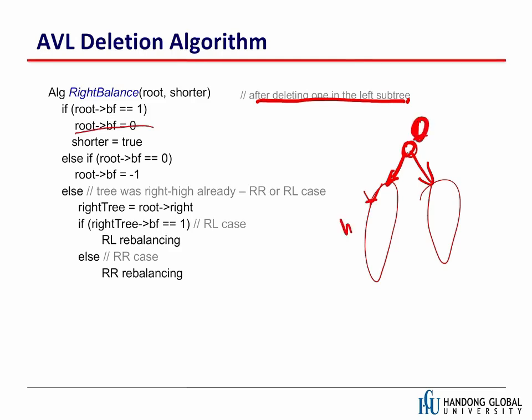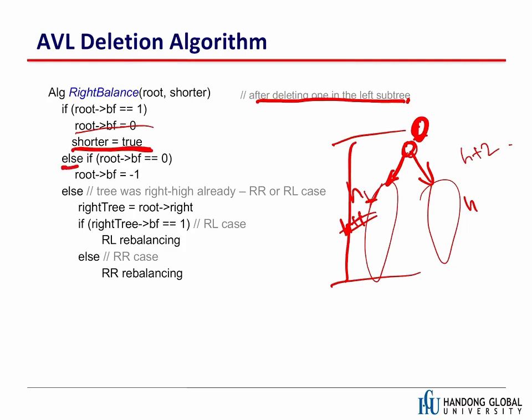It was h plus 1 and it was h. Now after deleting it becomes h, so BF should be 0, and shorter should be true, because before deleting the height of this subtree was h plus 2, but now the height of this subtree is h plus 1, so it is shorter.